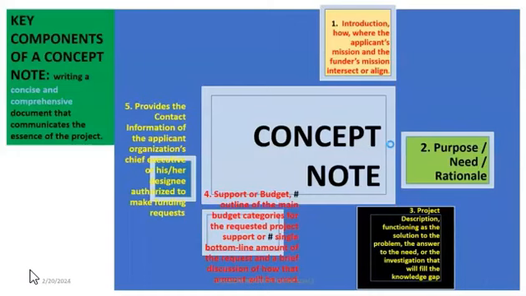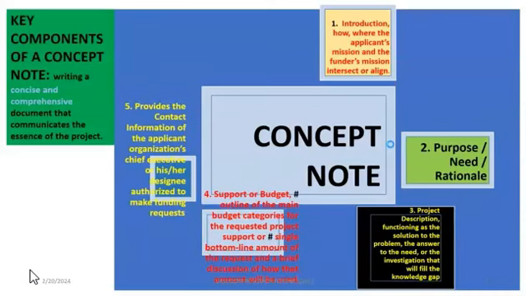A concept note will also contain the budget, just like a proposal, but you don't blow it out too much in this concept note because concept notes are usually short, abridged forms of proposal. So a supporting budget to outline the main budget categories for the requested project, or you write it as a single bottom line amount, and then tell the funders how you would disburse these funds.